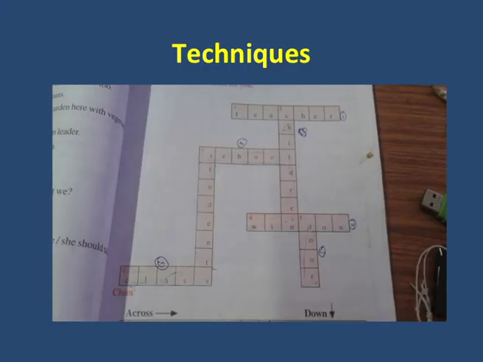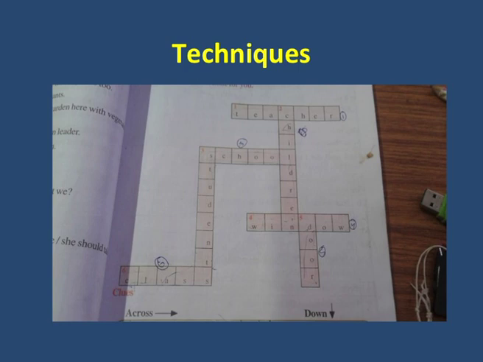So, the first technique is crossword. Where do you find the crossword? In textbooks everywhere you will have a crossword. Here also, crossword is there. This crossword is different from the crossword that you see in a newspaper. This is exclusively made for the classroom. Teacher, student, door is there, and window is given, student, classroom.